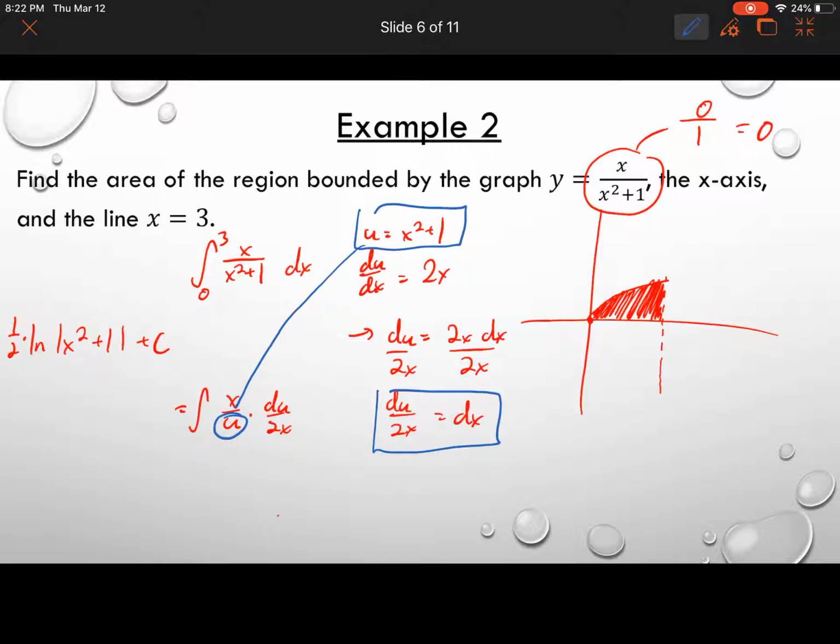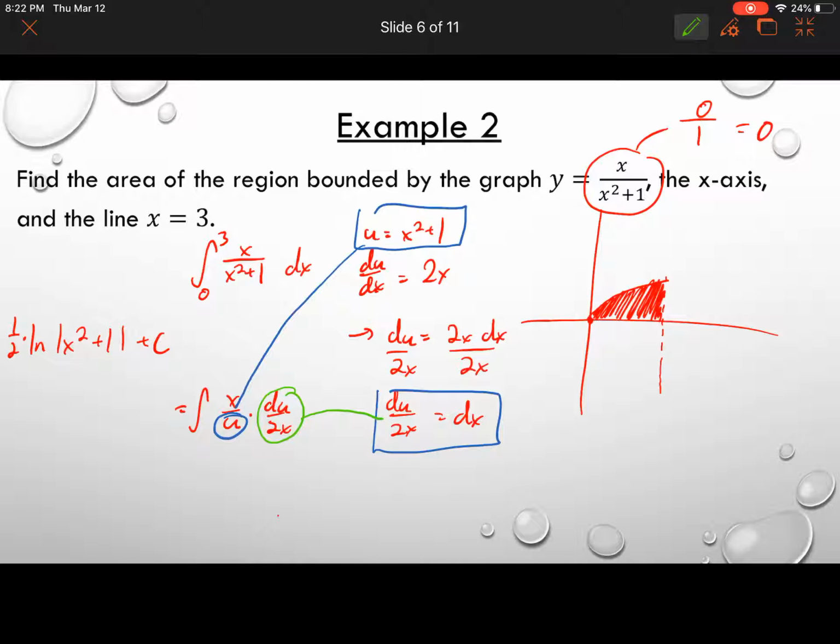And we also saw that dx was equal to du over 2x. So instead of a dx, we now have a du over 2x. X still stays the same, but otherwise those are the two main substitutions that we made.